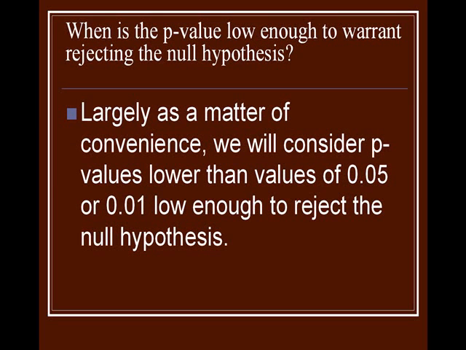So we're going to look at p-values as being low enough if they're lower than 0.05 or 0.01, and we'll give you those levels of significance, or alpha levels, as we'll call them later. Those will be given with the problems in here. Outside of here, you have to make your own decision about whether you would prefer 0.05 or 0.01.